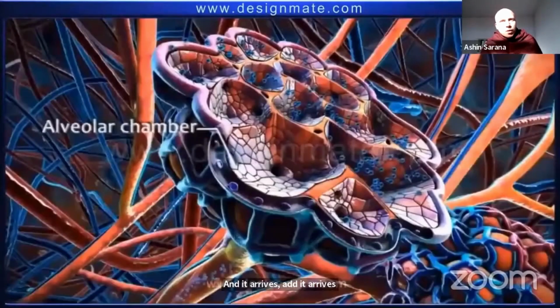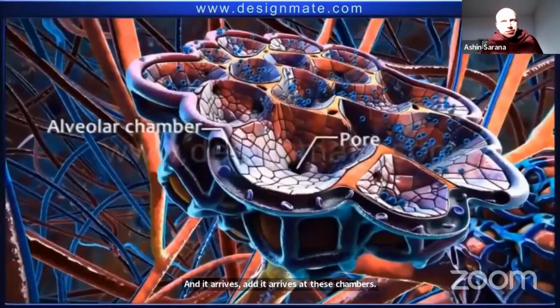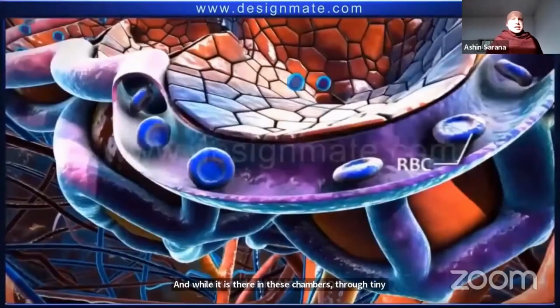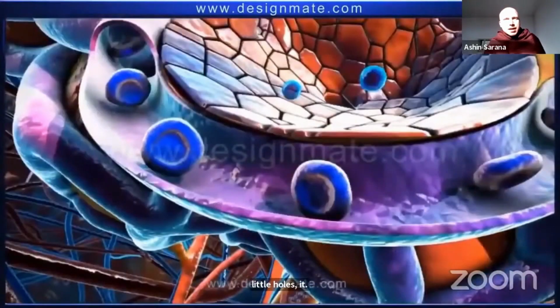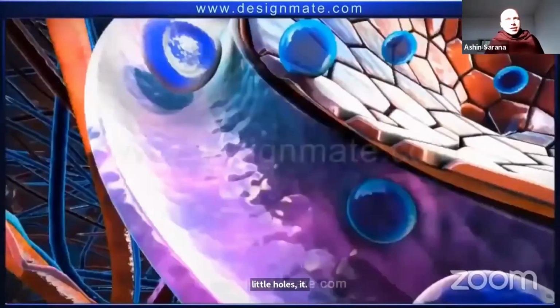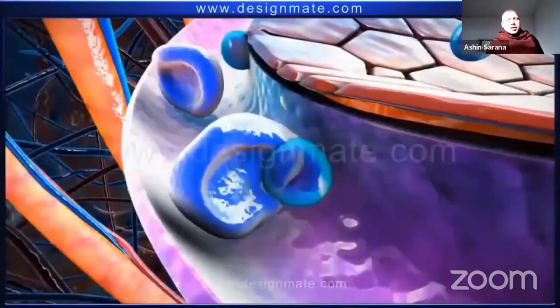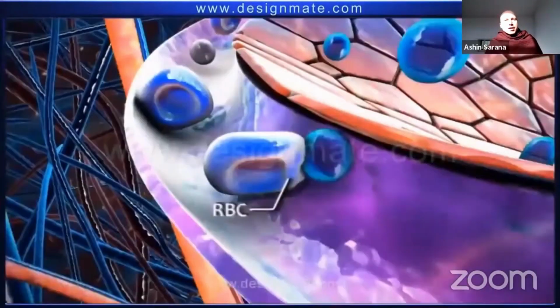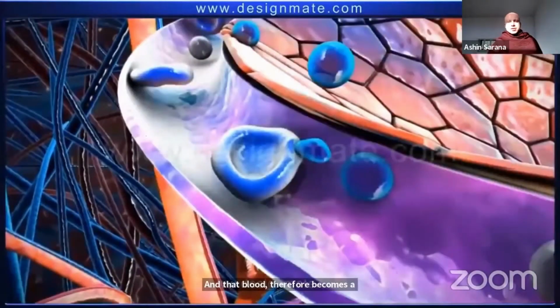And while it is there in these chambers, through tiny little holes, it seeps into the blood vessels that surround those air chambers, and combines with the blood that is traveling there. And that blood, therefore, becomes oxygenated.